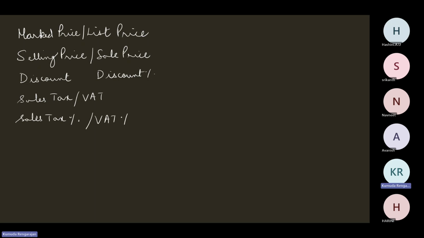VAT percentage. VAT is value added tax. And now we commonly see GST, which is goods and services tax. GST is goods and services tax.